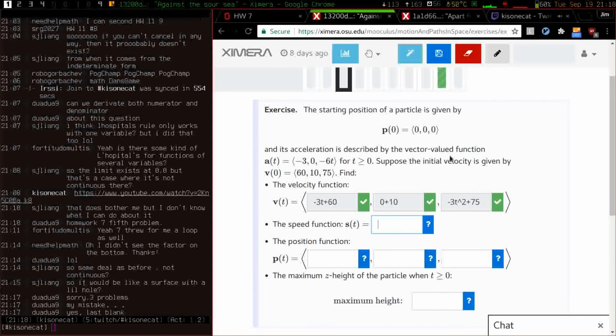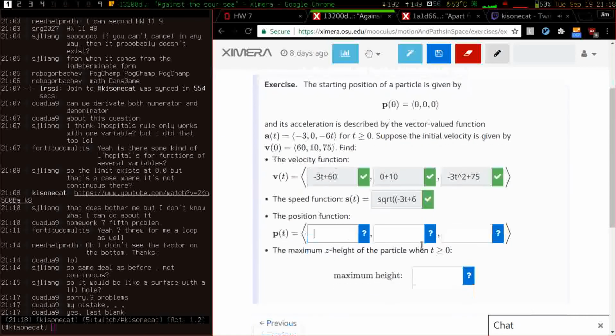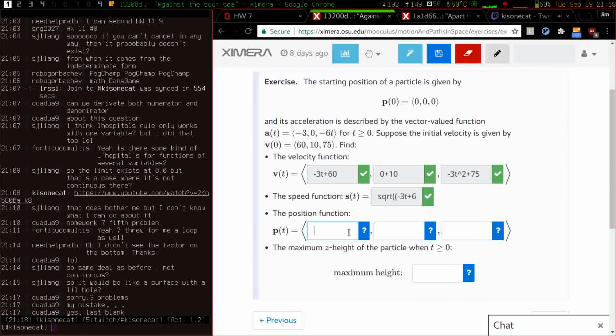All right. Now the speed is going to be the length of my velocity vector, which I'll just type in. Now I'm going to integrate velocity to get position up to some constant.